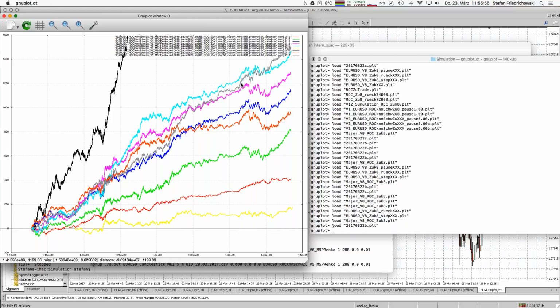So the walk forward concept: we have the training window and the apply rules window for the future. And we like results like this one. And the black line, by the way, is still under calculation. It's not finished up to now. It takes some time to get the results, but it looks extremely promising.